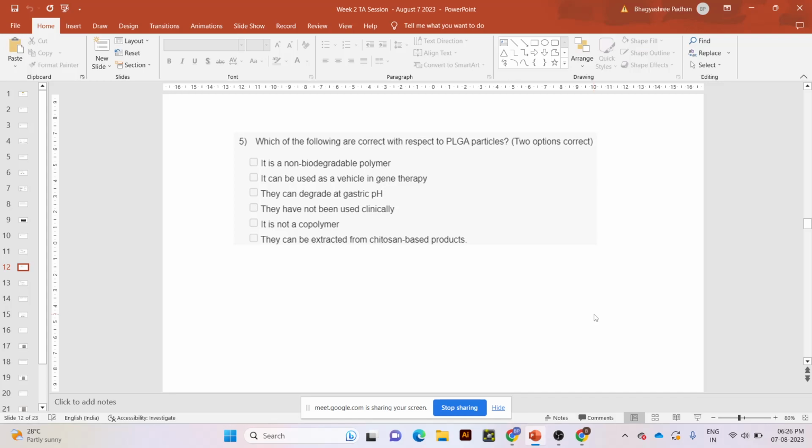Option second and third, ma'am. Does anyone have any other answer apart from these two options?